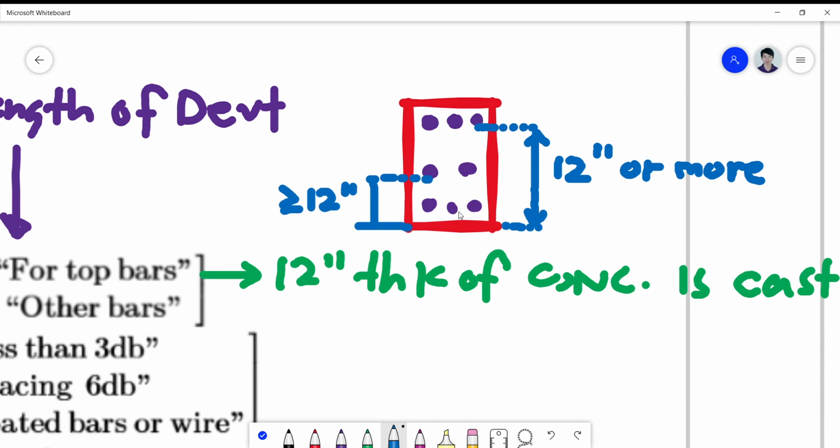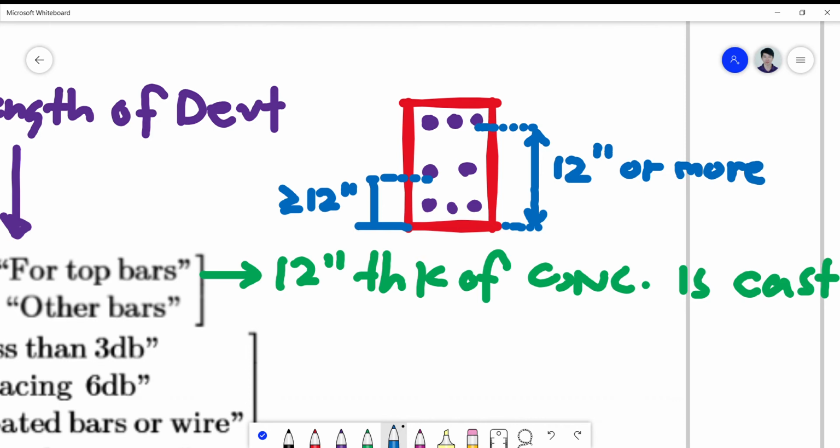Of course, this part here, since it's very near to your bottom surface, is automatically considered as a bottom, sorry, an other bar.